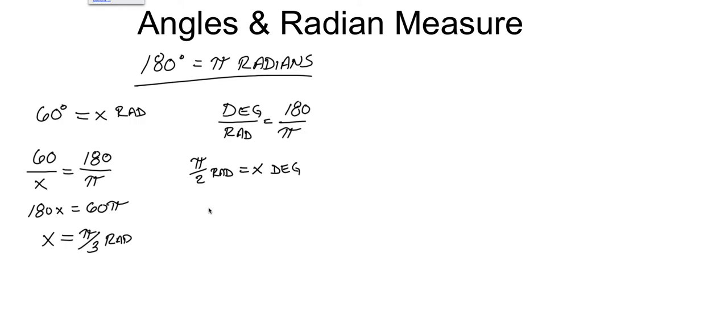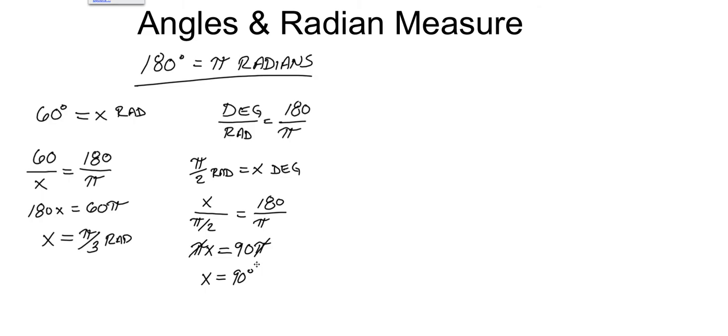We're going to use the same proportion: x degrees over pi over 2 radians is equal to 180 degrees over pi radians. As we cross multiply, we get pi x is equal to 180 times pi over 2, which is 90 pi. If we divide both sides by pi, the pi's cancel, so x is equal to 90 degrees.